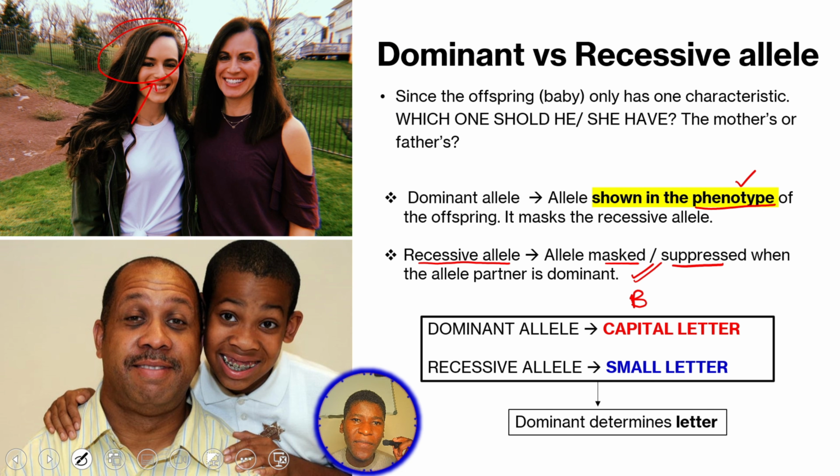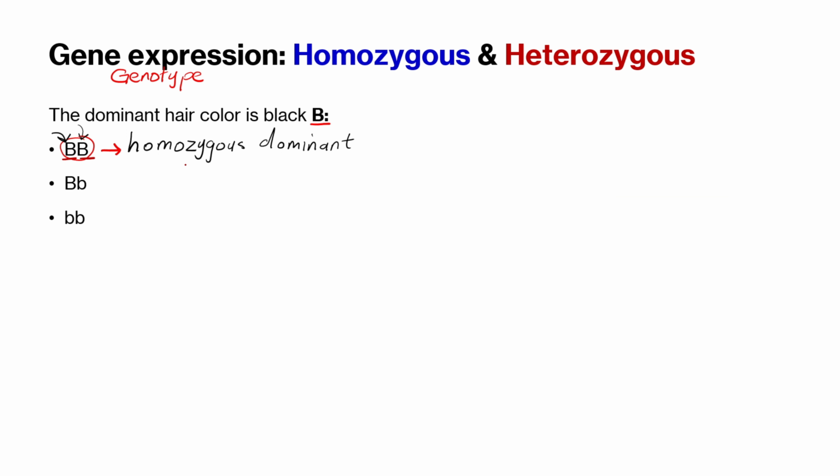Remember, we represent dominant alleles using capital letters. So when you see a capital letter, we are talking about a dominant allele. When you see a small letter, we are talking about a what? A recessive allele. So when we say we've got a homozygous dominant, it means we have got two dominant alleles together in that gene.